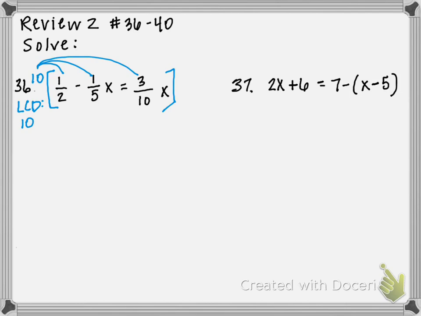But for us, we have all fractions here. So we are going to have 10 times our 1/2 minus 10 times 1/5 x, which equals 10 times our 3/10 x.